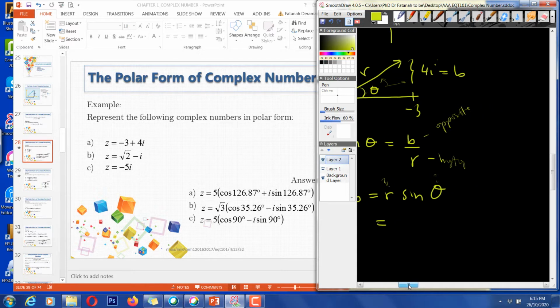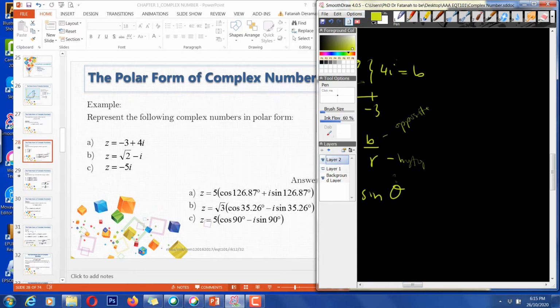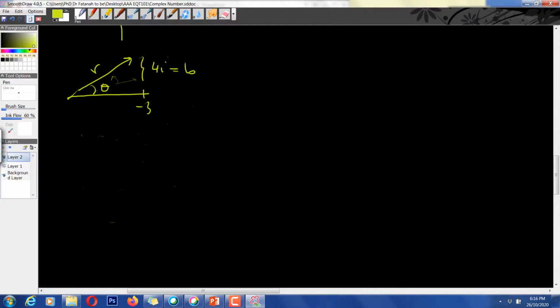So we need to find R first. How to find R? R squared is equal to 4 squared plus negative 3 squared.